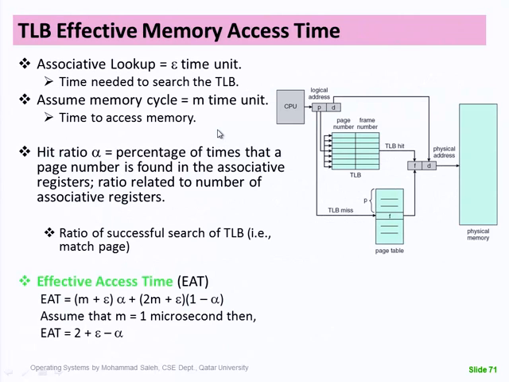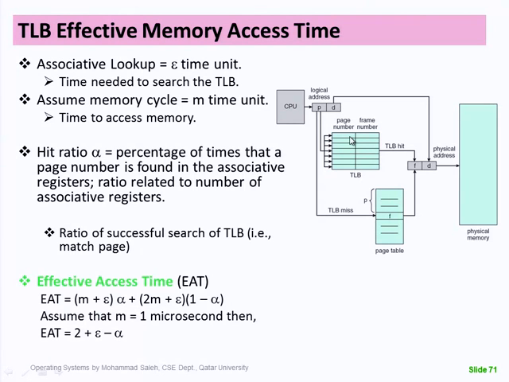So what happens is like this. I'll explain it with this slide, and you will find that what I'm talking about is on the previous slide. In this TLB hardware, whenever a CPU references a logical address, which is in the format of a page and an offset, then the page is used as the lookup key in the TLB. If this page is there within the TLB, then we can directly access the frame number.